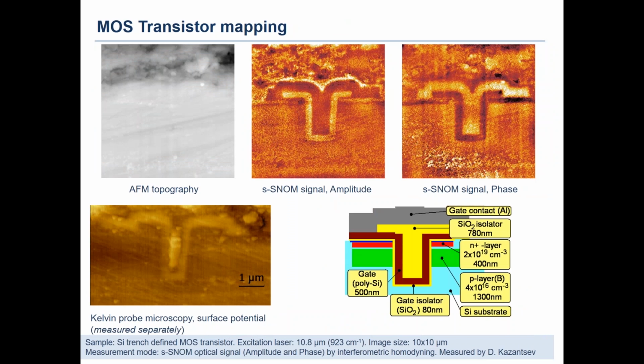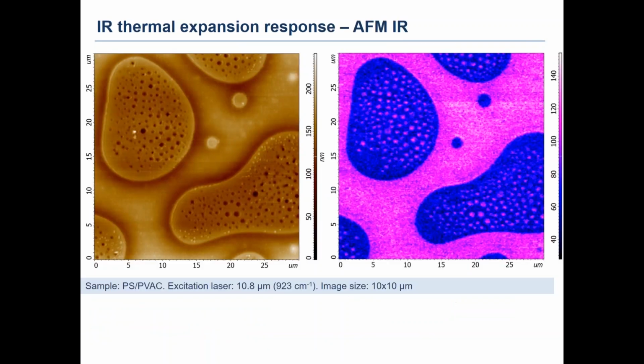This is the mix of the polystyrene with polyvinyl acetate, still on the same wavelength, 10.6 micrometers. We use the modulated laser source with the frequency of about 20 kilohertz, and in the left part of the slide there is the topography of the sample, and in the right part of the slide we can see the thermal expansion contrast.